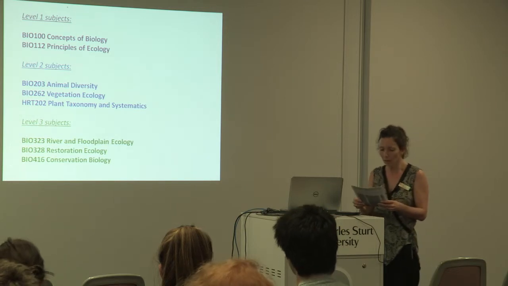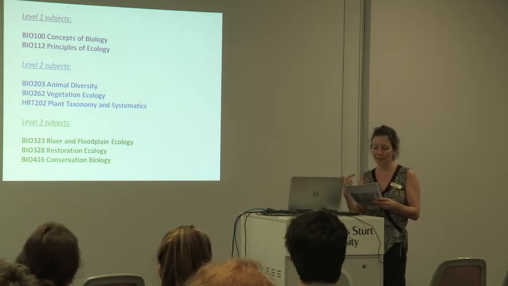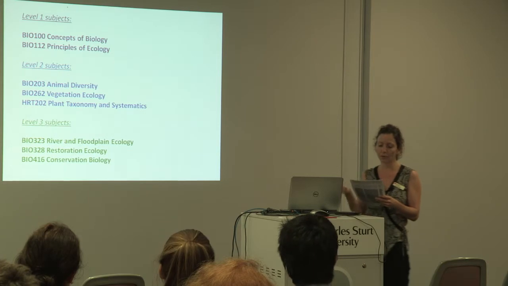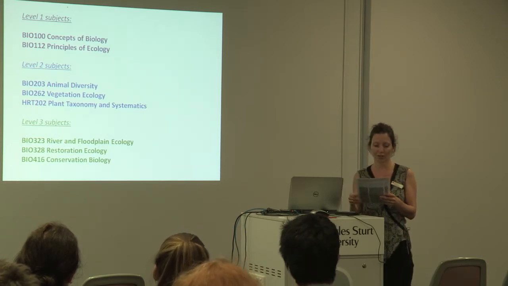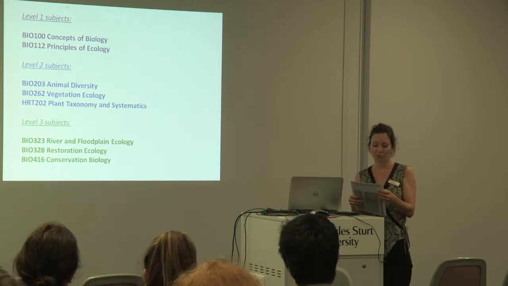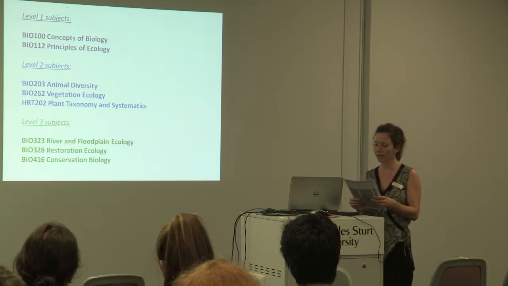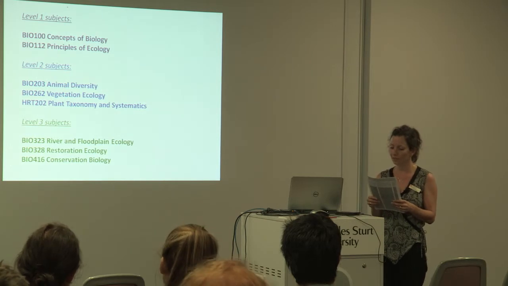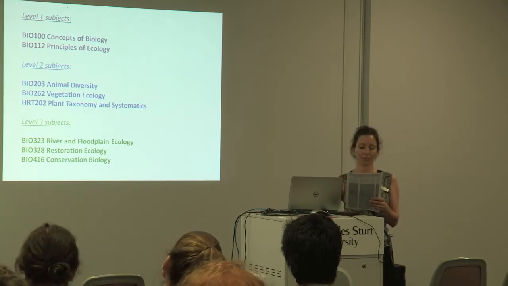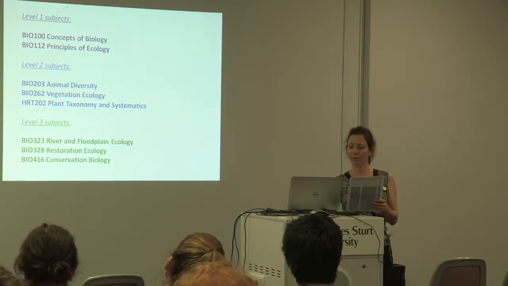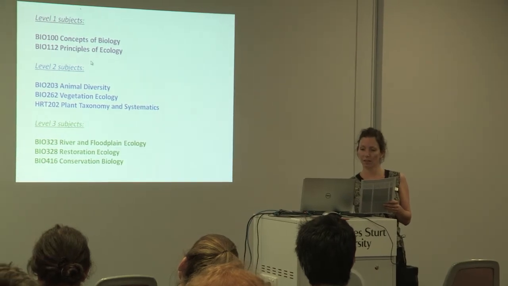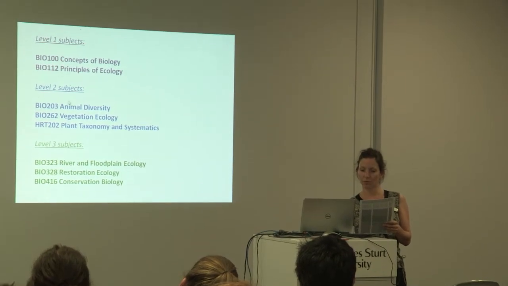Okay. These two subjects lay groundwork for Bio 203, 262, and HRT 202, which are your intermediate level biology subjects dealing with animal classification, diversity of phyla, vertebrates and invertebrates, evolution and physiology, and that's mostly in Bio 203.